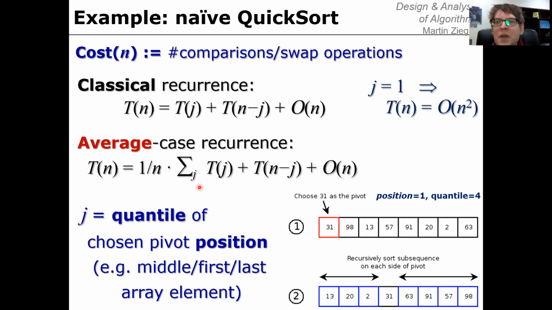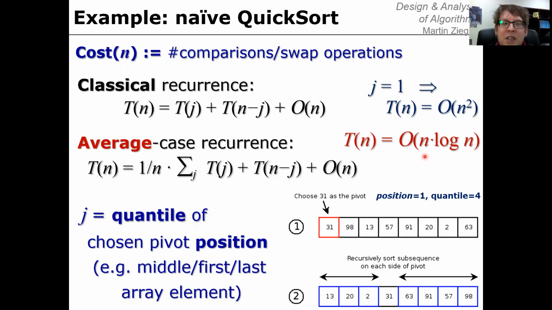The computer science part is done, and we need to solve that, and the solution is O of n log n. So this is the average case cost of QuickSort with a naive pivot choice, n log n, and this finally explains why naive QuickSort, most implementations these days are actually naive QuickSort, behaves so well in practice, because the worst case is rare.